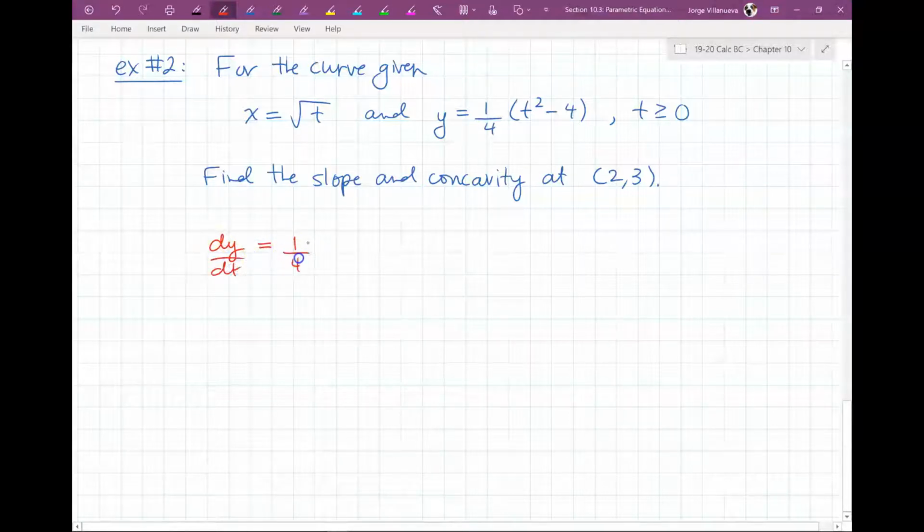That would be 1/4 times 2t, which would be 1/2 t. Okay, so there's my dy/dt. Let me find my dx/dt. Well, that's t to the half, so that'd be 1/2 t to the negative half.